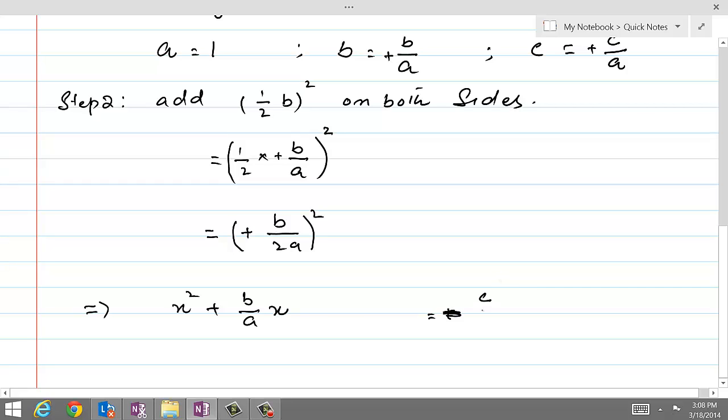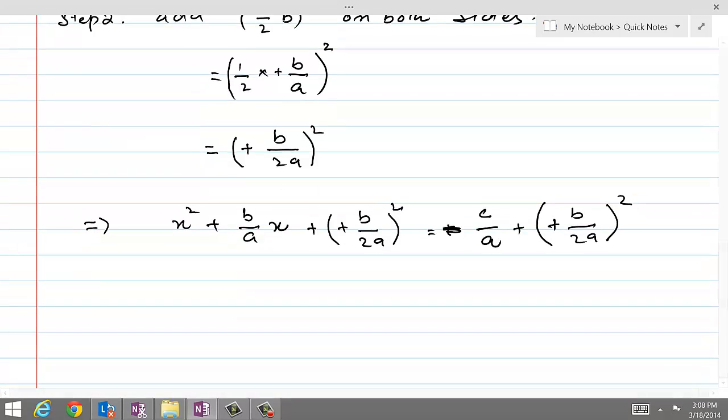Now we are going to add plus b over 2a whole square on this side, as well as plus b over 2a whole square on the other side.